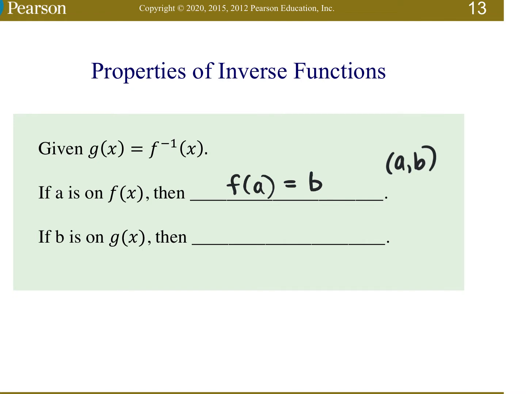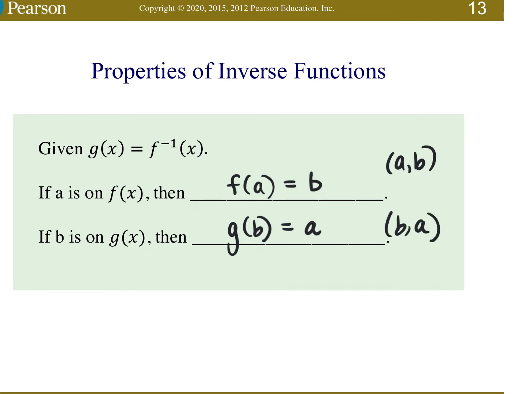All right, if b is on g of x, and g of x is previously defined as an inverse function, then we can assume that g of b would produce what for its y value? A, correct. So now we're talking about the point B, A. And we talked about that before.